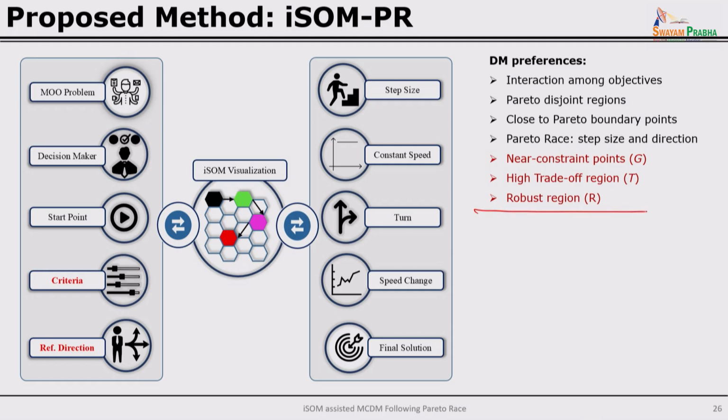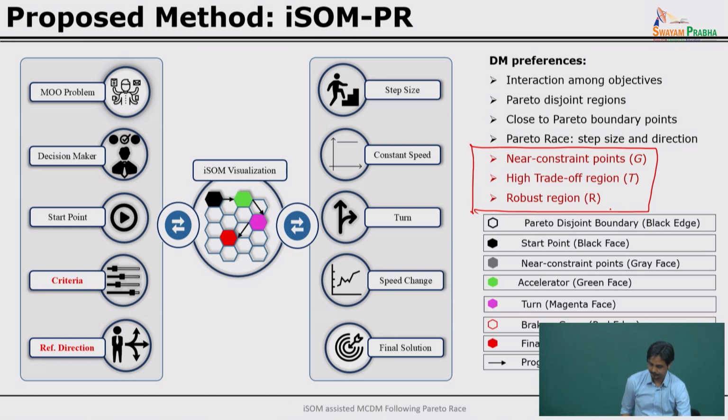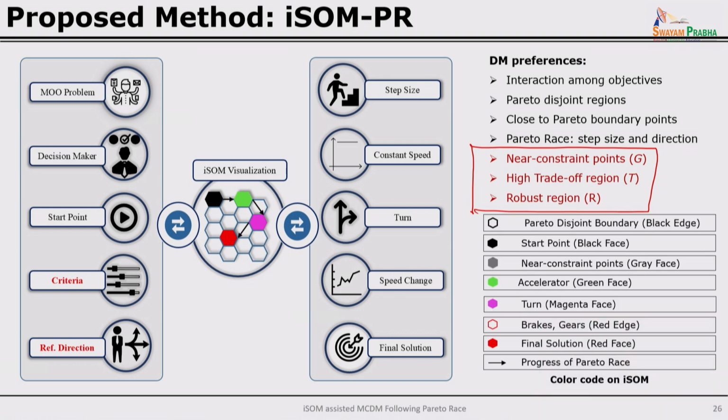On top of that, we are also interested in knowing how good the solutions are in a qualitative sense, for example closeness to constraint, trade-off values, and robustness. Each of the steps of the Pareto race we will demonstrate using a color scheme. If any hexagon comes with a black color boundary, it shows that the boundary of the Pareto front is disjoint. All the start points we will show in black.